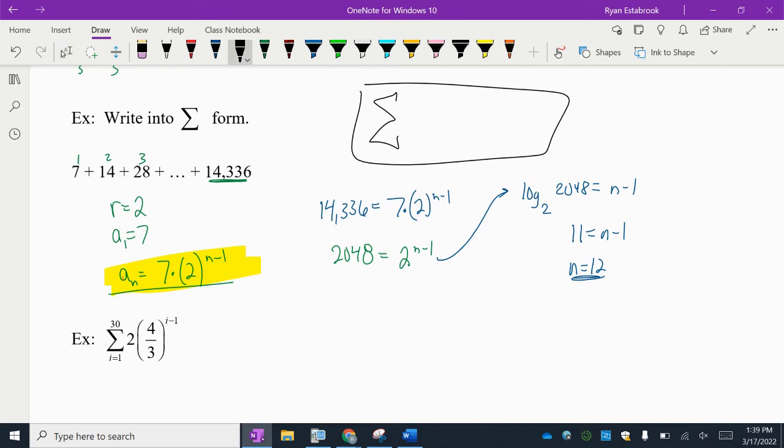So the function, 7 times 2 to the n minus 1, that's what goes on the inside. N equals 1 to 12. So it's finding the sum of these first 12 terms. That's all we need to do. We don't actually have to add them. That's just what the summation would look like.